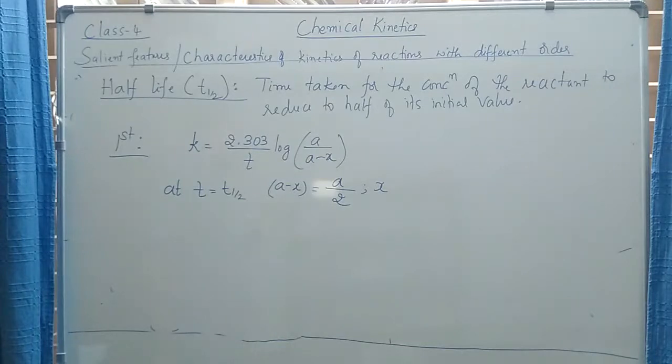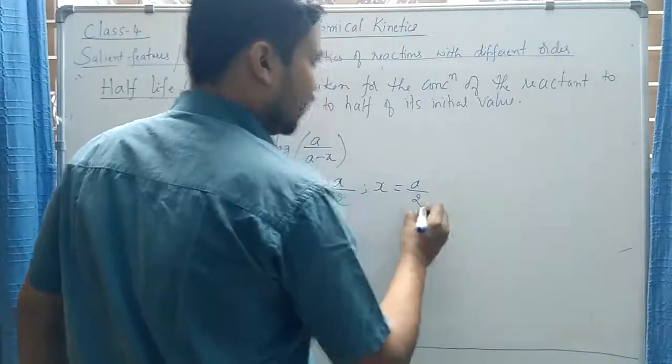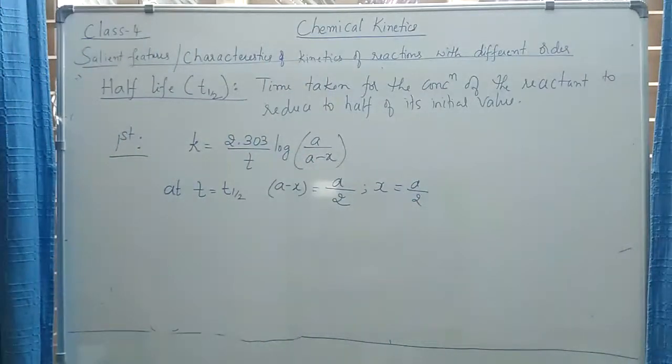So the concentration of the reactant unreacted and reacted will be the same at T is equal to T half. It is a half stage. So here A minus X is equal to A by 2, and therefore X should also be equal to A by 2. So remember this mathematical condition: at T is equal to T half, X is equal to A by 2, and A minus X is also equal to A by 2.